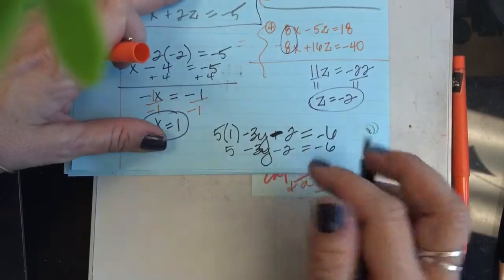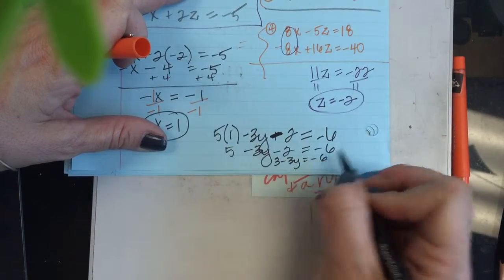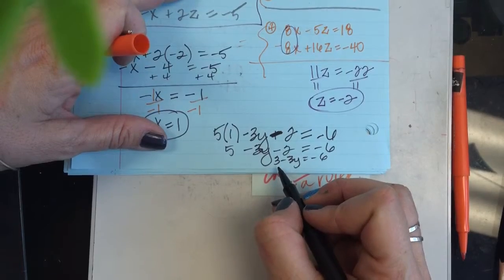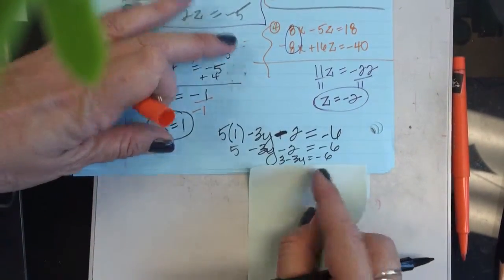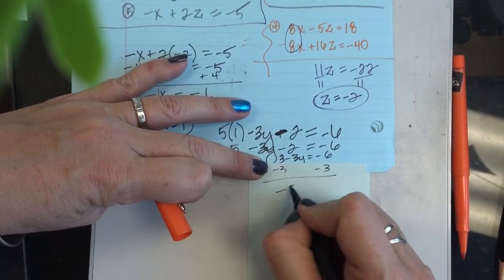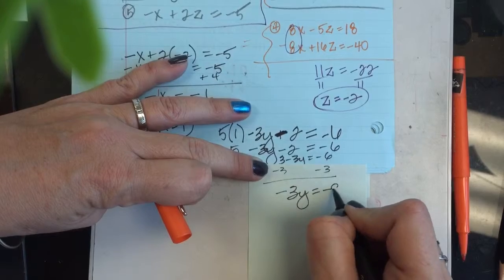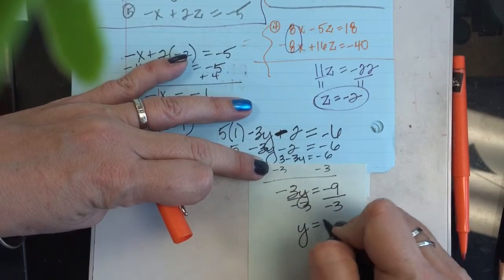I'm running out of room. 5 minus 2 is going to give me 3, minus 3y equals negative 6. If I take 3 away from both sides, minus 3, I wind up with negative 3y equals negative 9. Divide both sides by negative 3. y is equal to 3.